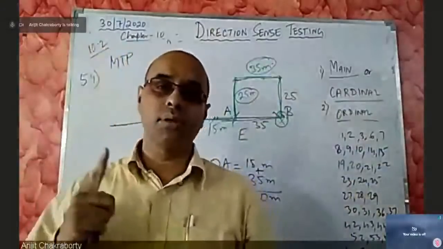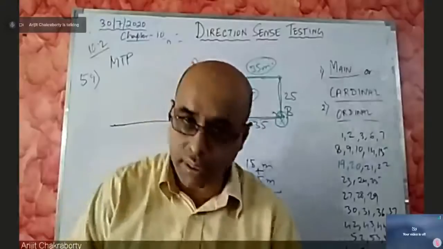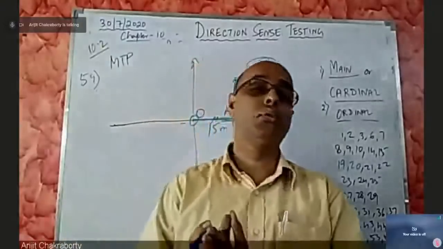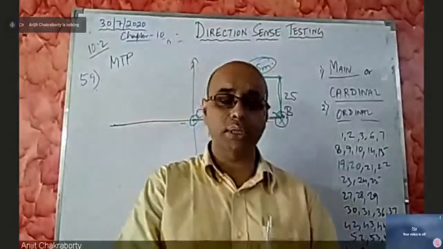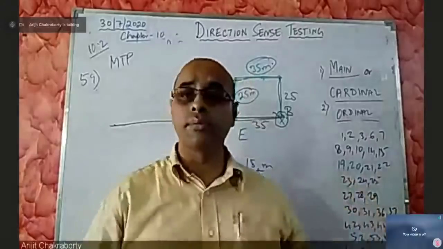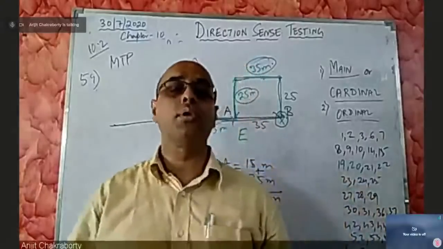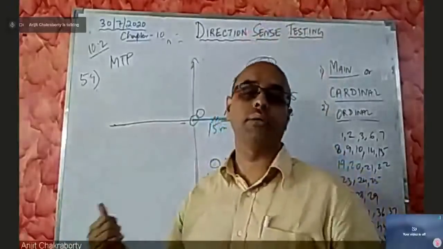We have discussed the 4 directions, the cardinal directions: north, south, west and east. Then we looked at the 4 ordinal directions: northeast, northwest, southeast, southwest. Then we took almost 30 problems from exercise 10A and solved all the 3 problems which came from the MTP May 2020.